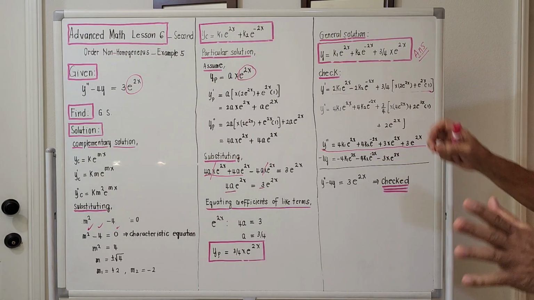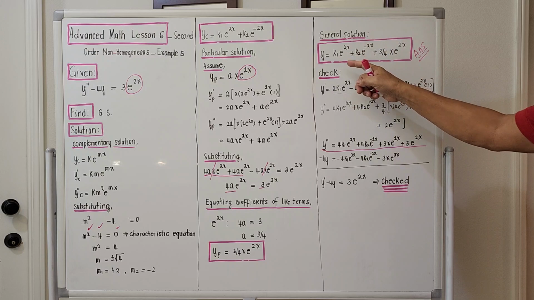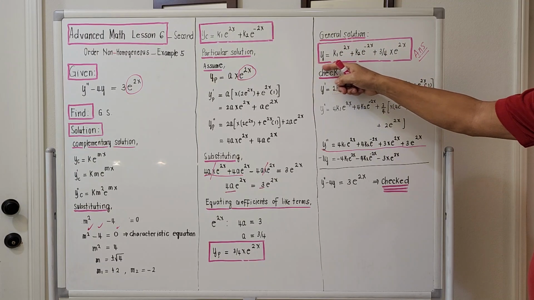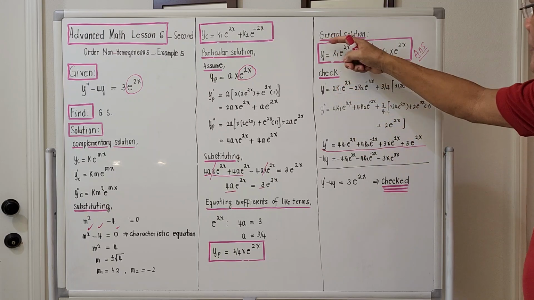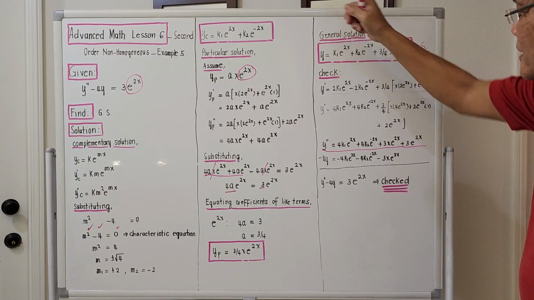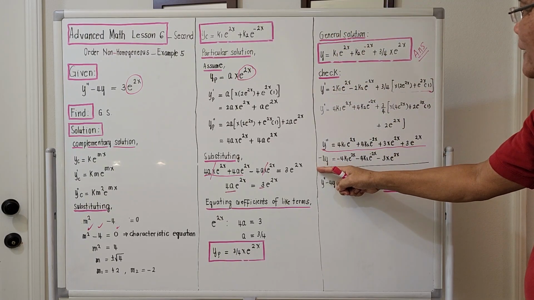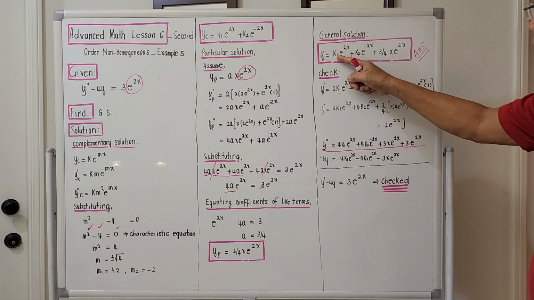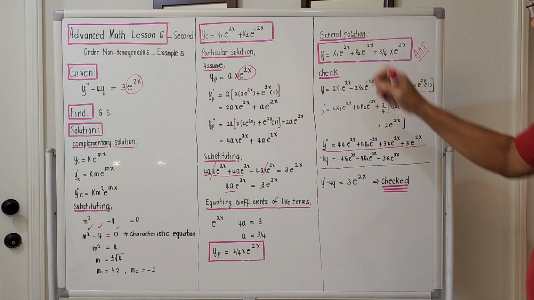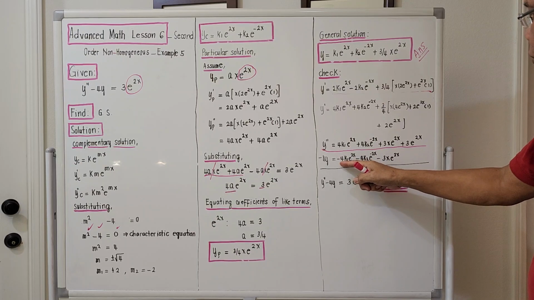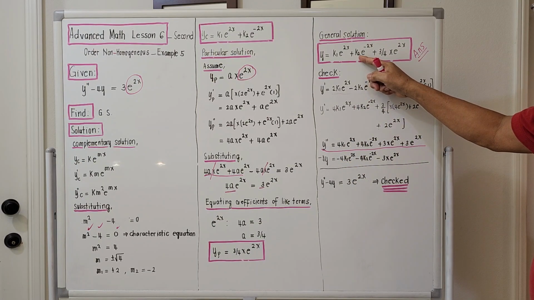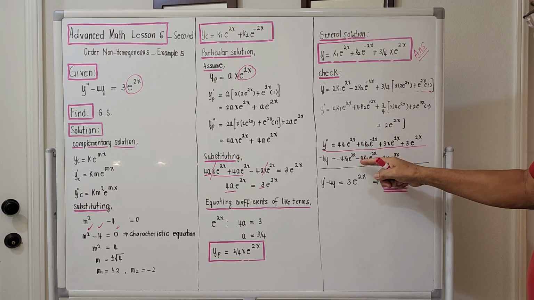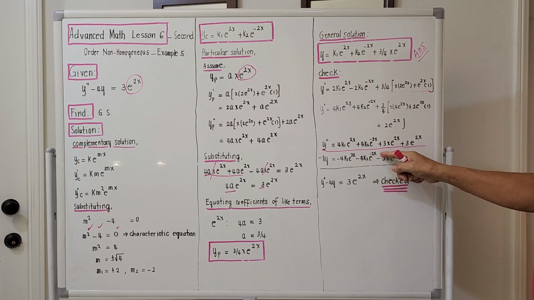And if we try to take the value of y, we multiply the general solution, the total solution, by negative 4. Y times negative 4 will be negative 4y. K1 e to the 2x times negative 4 will be negative 4 K1 e to the 2x. We multiply this by negative 4, this will be negative 4 K2 e to the minus 2x.